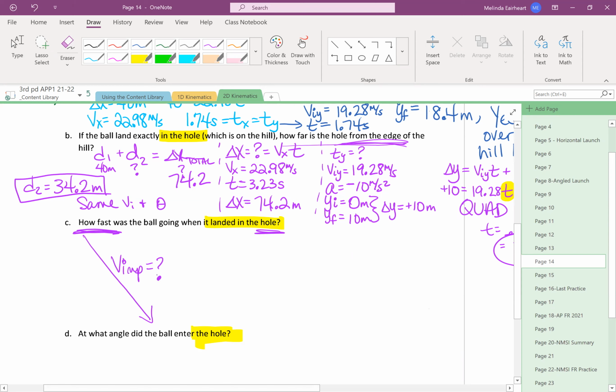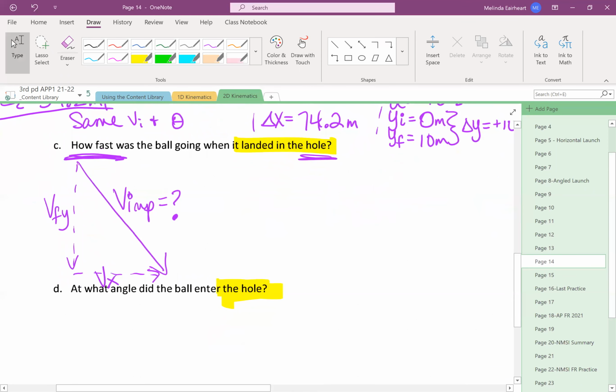And so to solve for an angled vector, we need two other pieces. We need that final vertical, and we need a horizontal component. Well, lucky for us, all that hard work solving for the two steps compared to the quadratic is going to pay off. We already know the final vertical velocity, right?